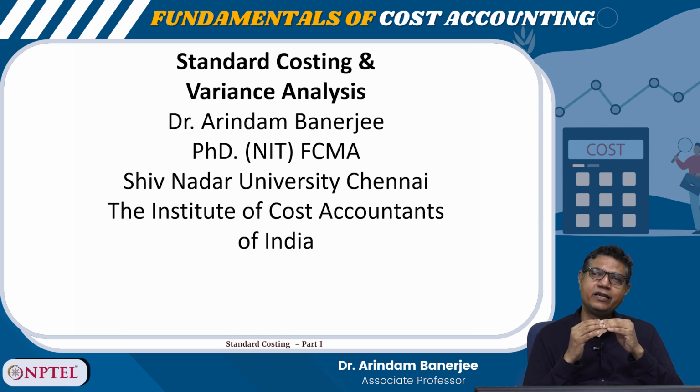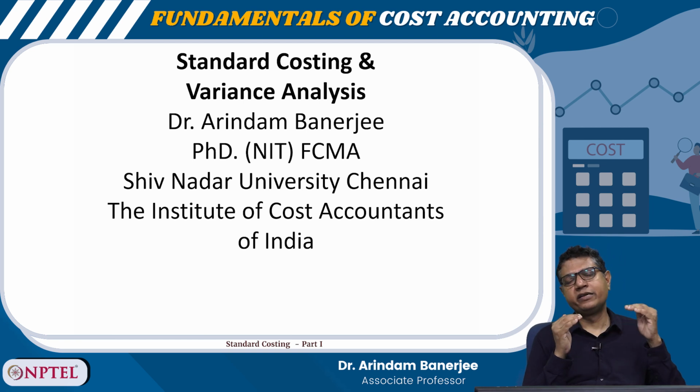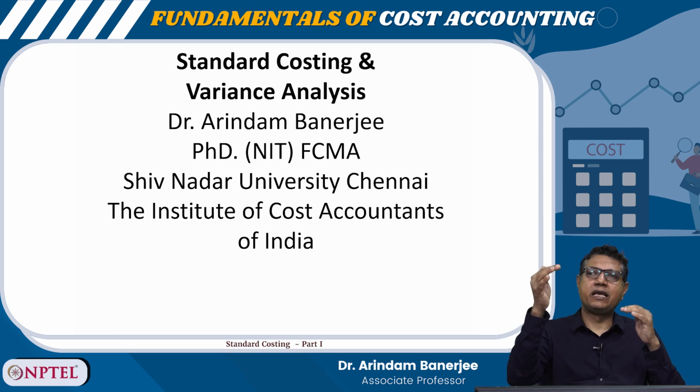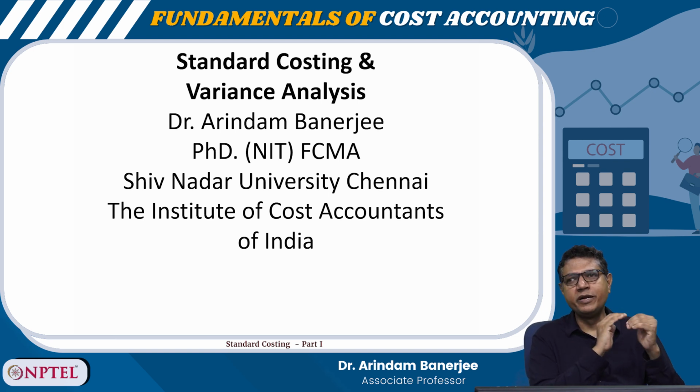But here I want to mention that any type of variance is actually not desirable. Even if it is adverse, of course, without any reason, if it happens, that is quite a serious matter. Because if I am assuming that my standard material cost should be 10 rupees, and accordingly I made my pricing. Pricing has to be declared beforehand when I am making the quotations. There I assume that my material cost will be 10 rupees.